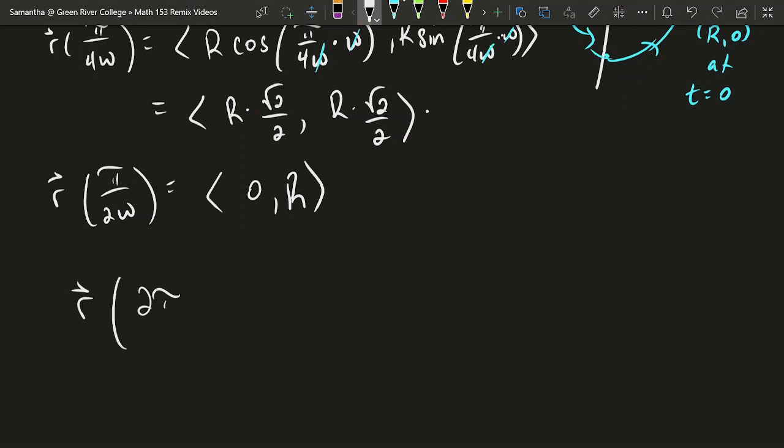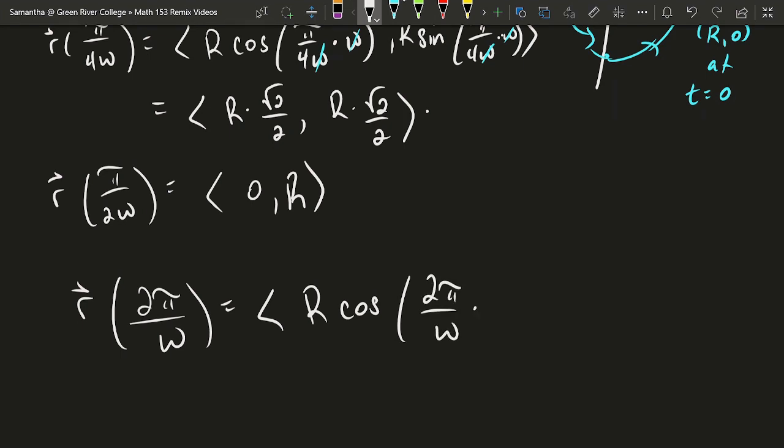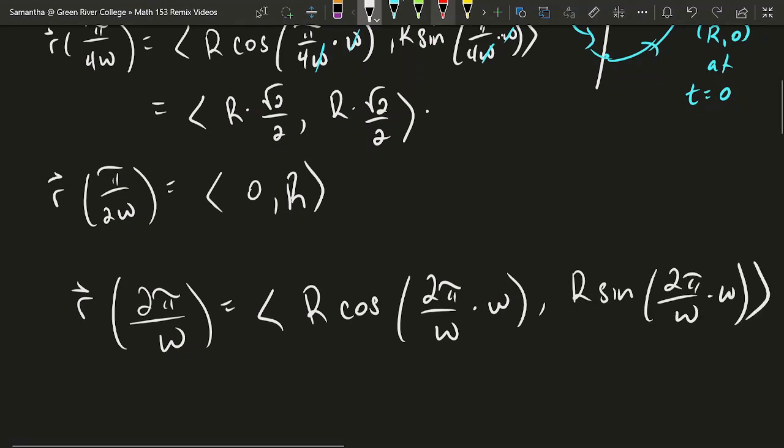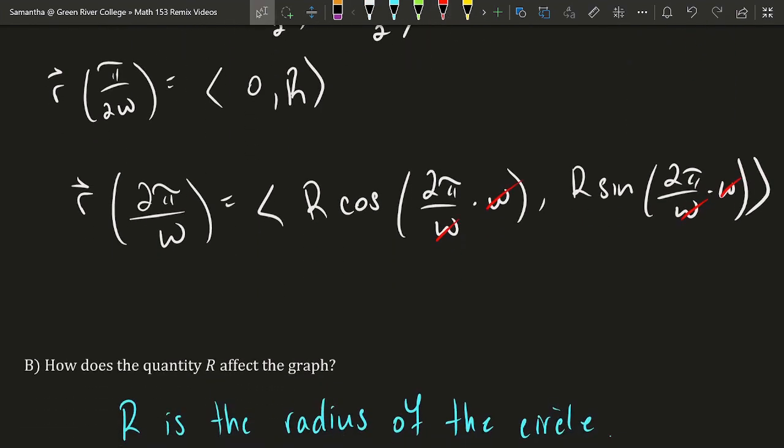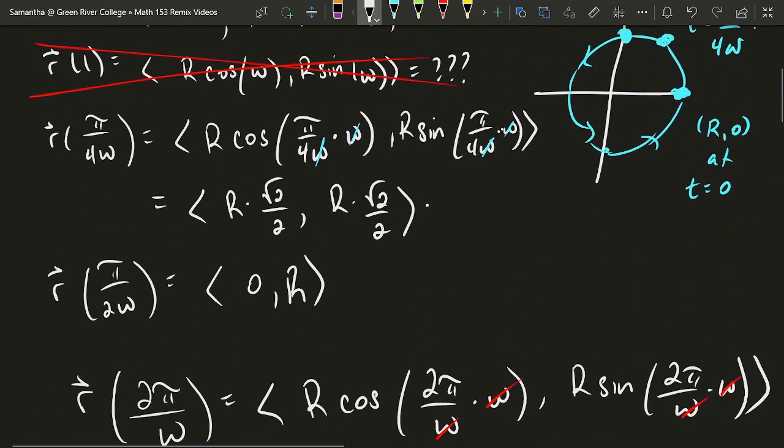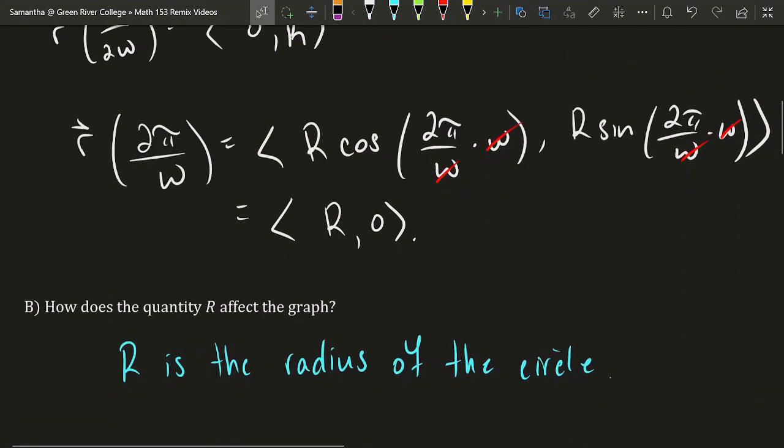But this time, let's take that 2 pi and divide by omega to compensate for the multiplied omega that is in the formula. The multiplied omega and the divided omega cancel each other out. And so I'm left with cosine and sine of 2 pi, which will put us back on the right side of the circle. So we'll complete one full loop.